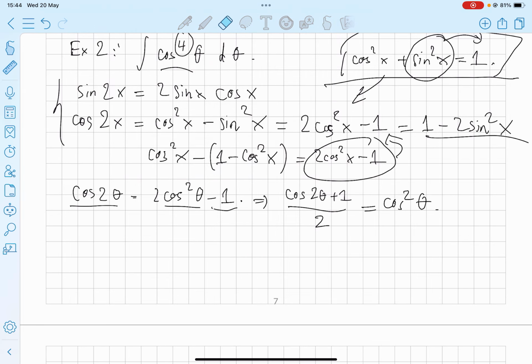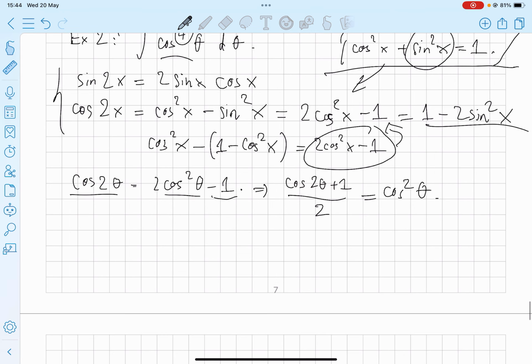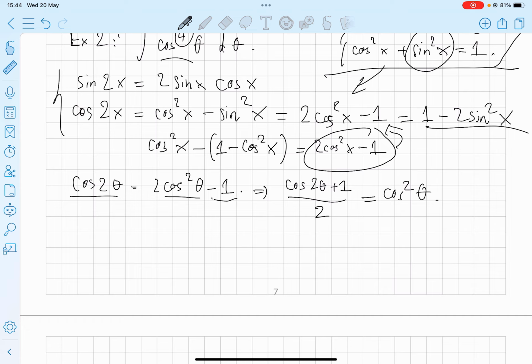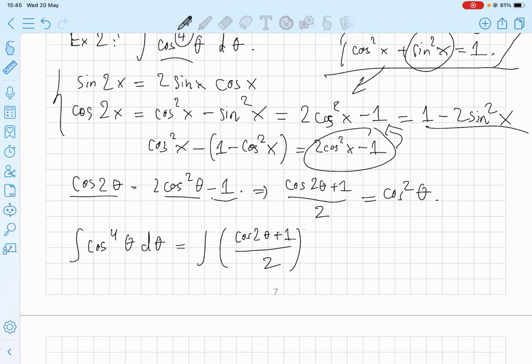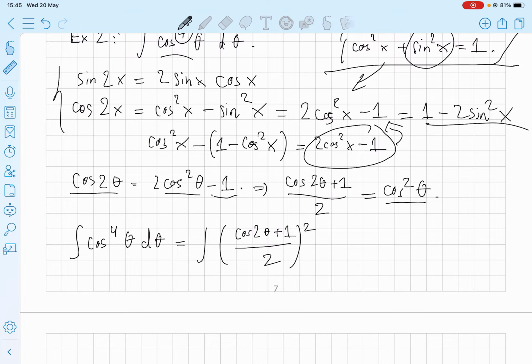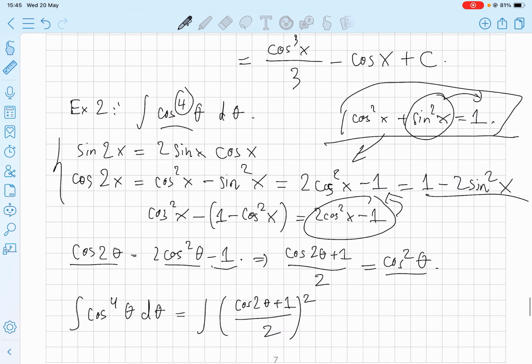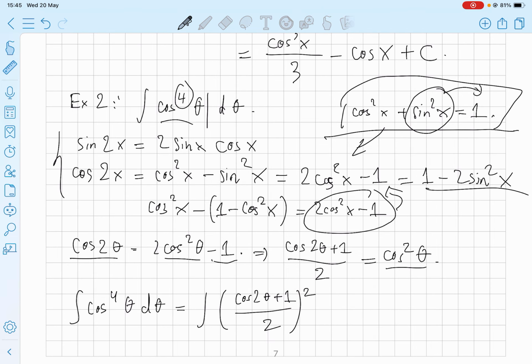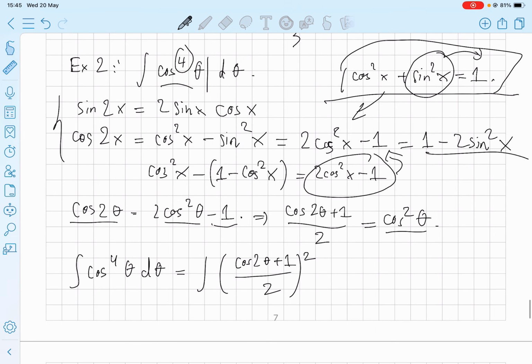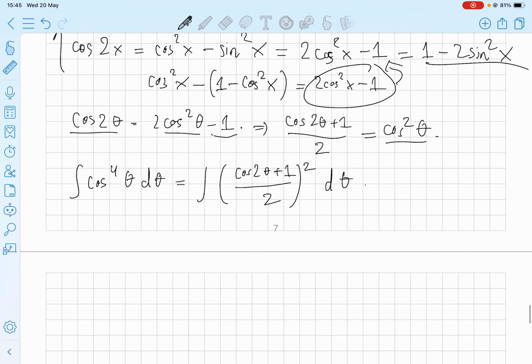Actually you can substitute into the integral over here. So we have the integral of cosine to the power of 4 of theta d theta equal to the integral of cosine 2 theta plus 1 over 2, squared, because over here you only have cosine to the power of 2, but the problem is about cosine to the power of 4, so you have to square it, and d theta over here.